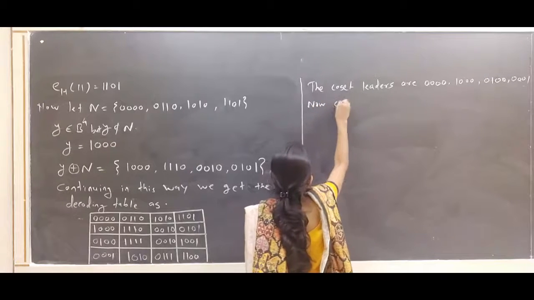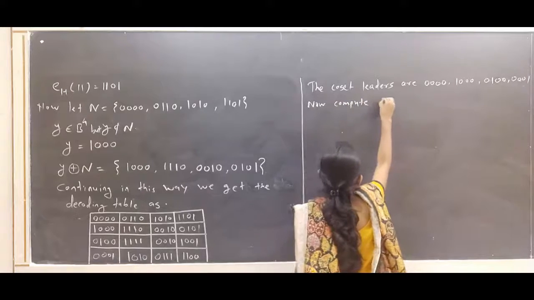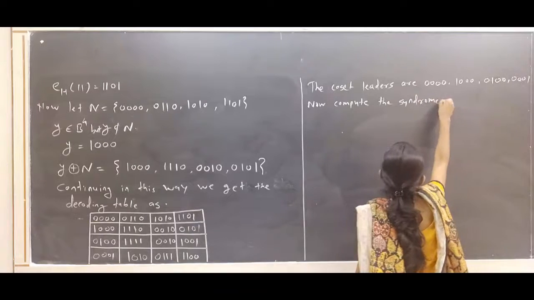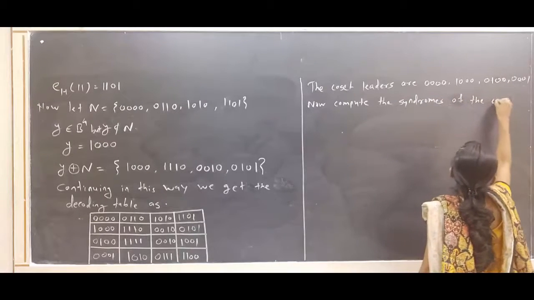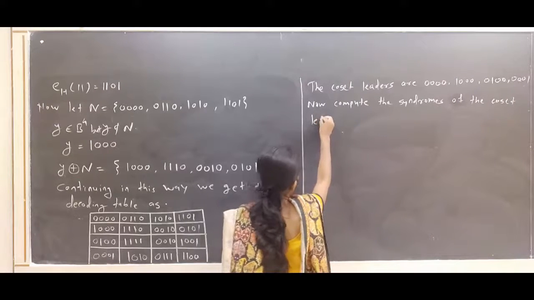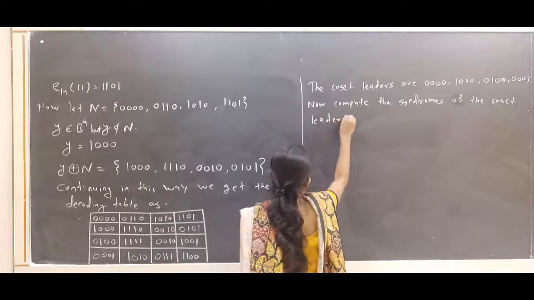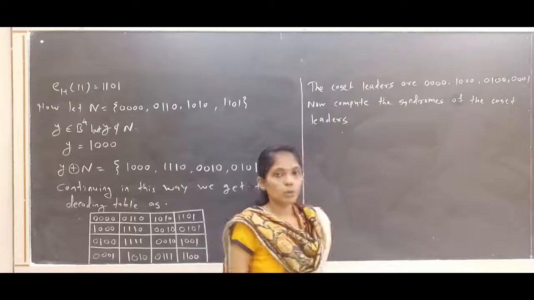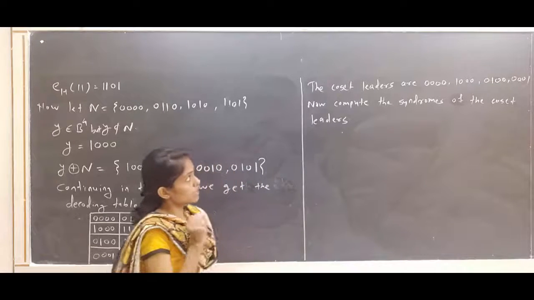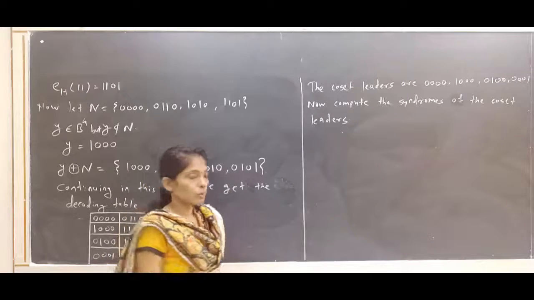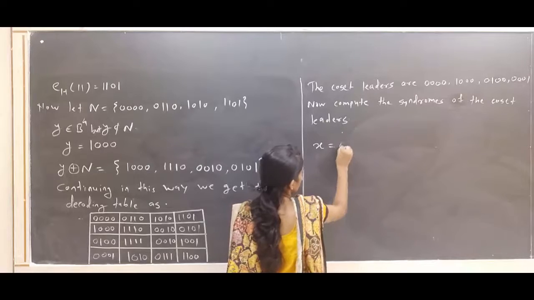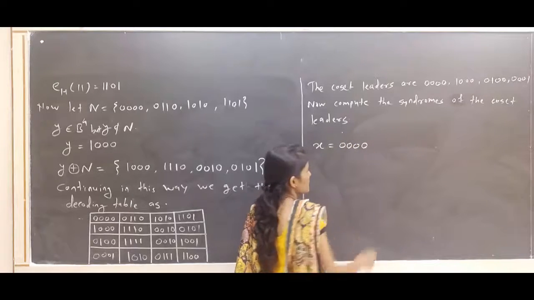Now compute the syndromes of the coset leaders. Okay. Now here we want to construct a syndrome table. So we consider these coset leaders as X. For constructing the syndrome, we take X equals the first coset leader 0 0 0 0.